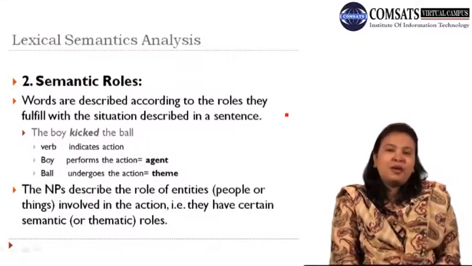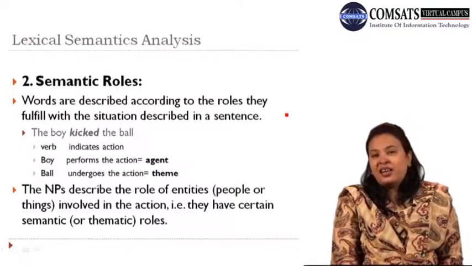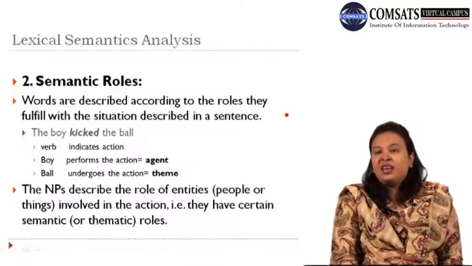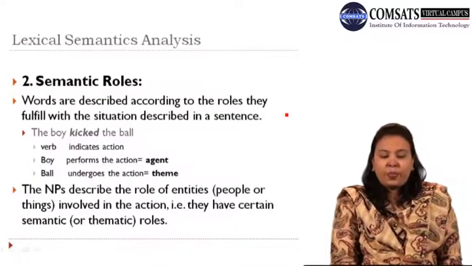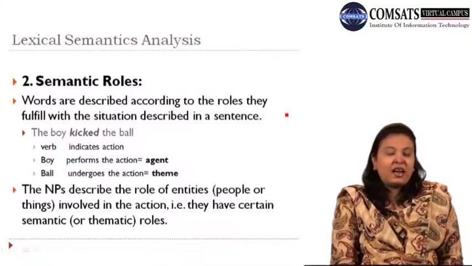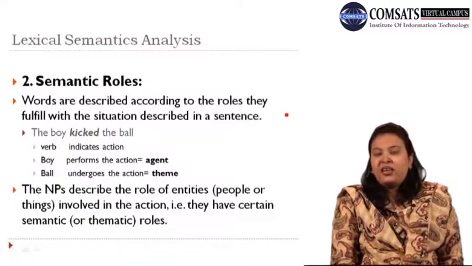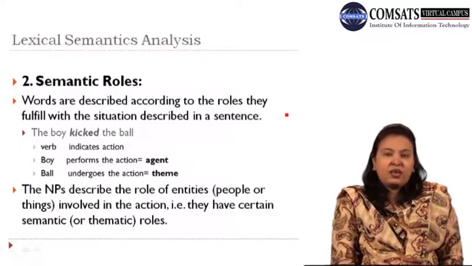A semantic role that is fulfilled by the ball over here is a theme. So this way, semantic roles refer to the categories under which we label words according to the roles they perform. For example, the noun phrase describes the role of entities. At subject level, we can have people or things, and then they are involved in certain actions. They have certain semantic roles.